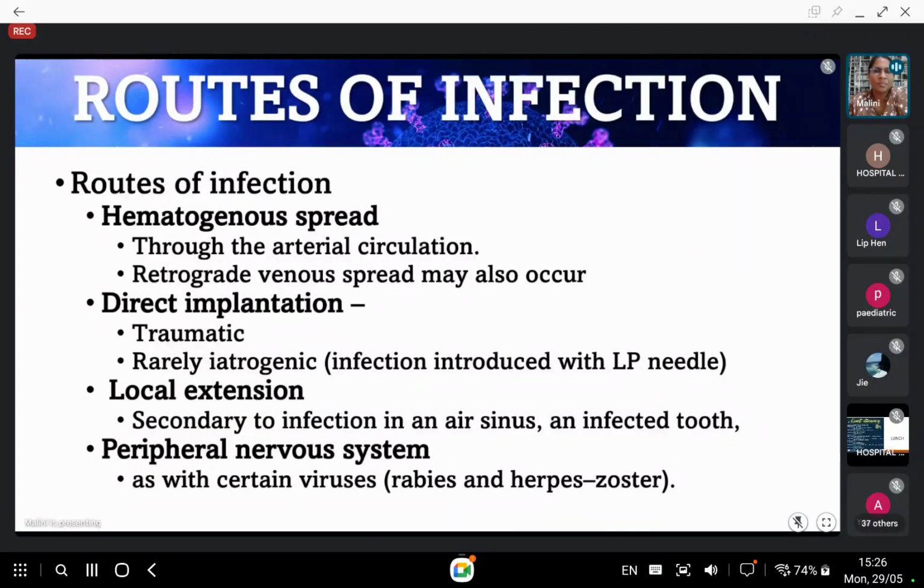I don't think we've ever really seen LP causing meningitis or encephalitis, but we've probably seen a lot of infected VP shunts, so that could be another cause. Local extension is usually from an infected tooth or infection of the paranasal sinuses, like mastoiditis. Then there is ascending infection via the peripheral nervous system, seen in rabies and herpes zoster.